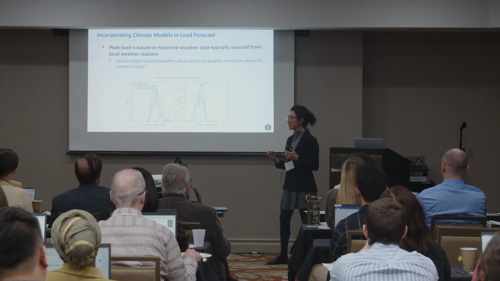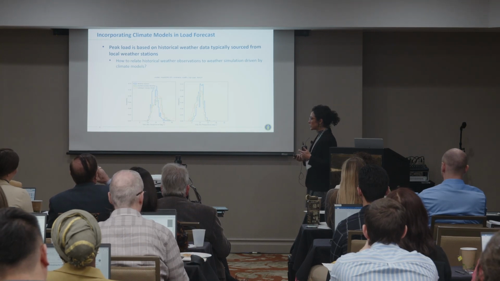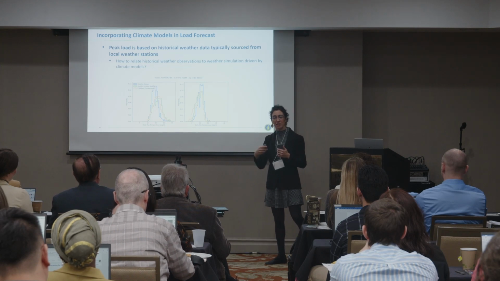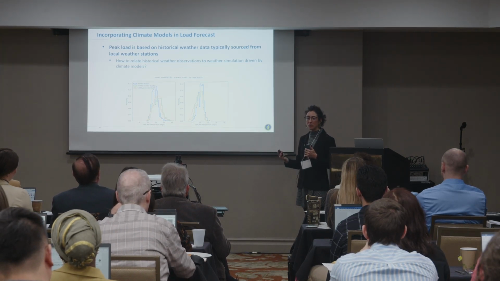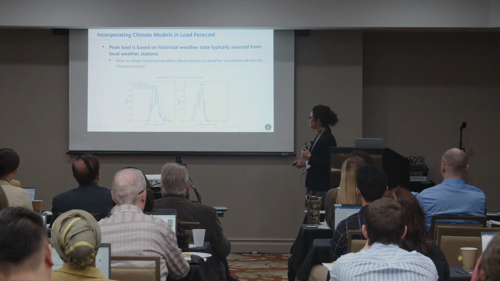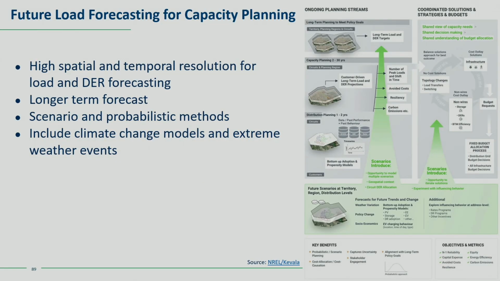So it's sort of the state of the art of where we are at. But it is good to start thinking about, if utilities are starting to file things in the long term, what are they thinking, and are they using any external climate weather data to be able to adjust it?